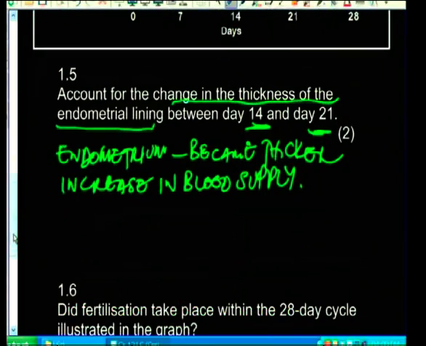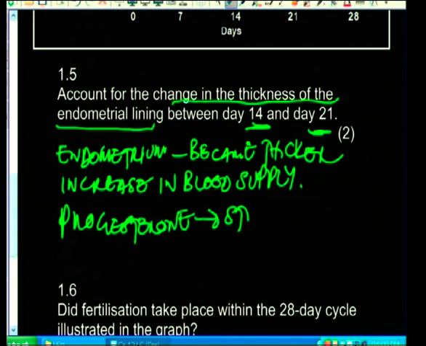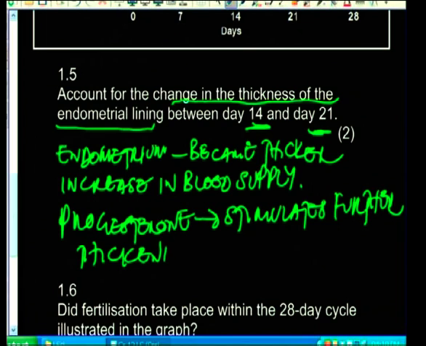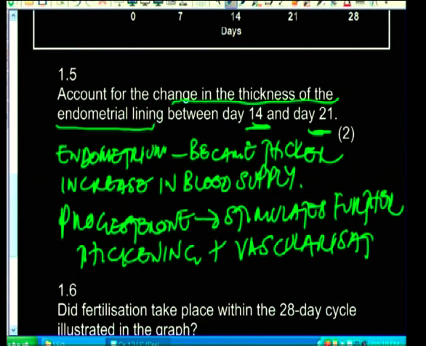We account for that because progesterone, how did this happen? Progesterone stimulates further thickening and vascularization of the endometrium. Vascularization, just a big word for increasing the blood supply.